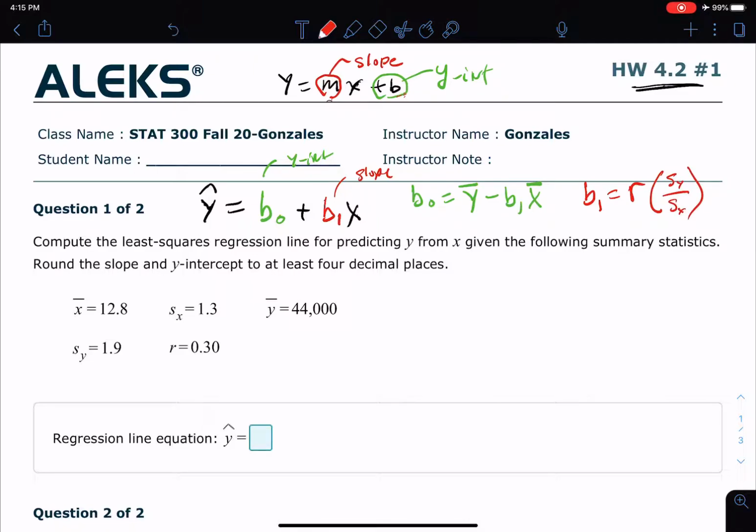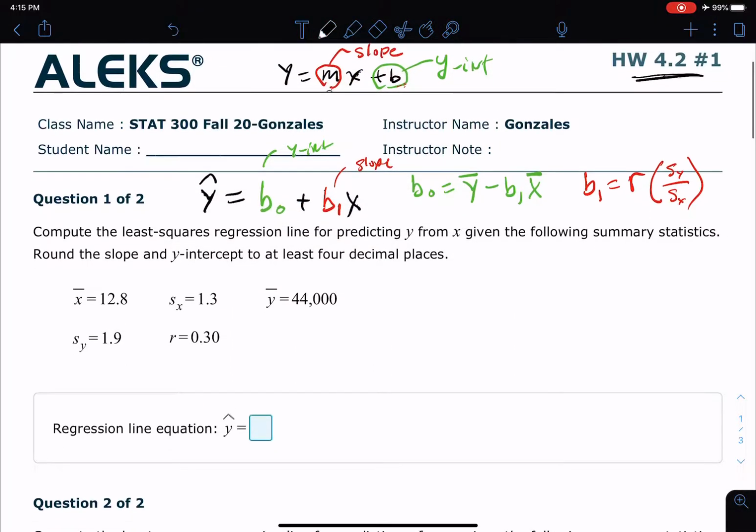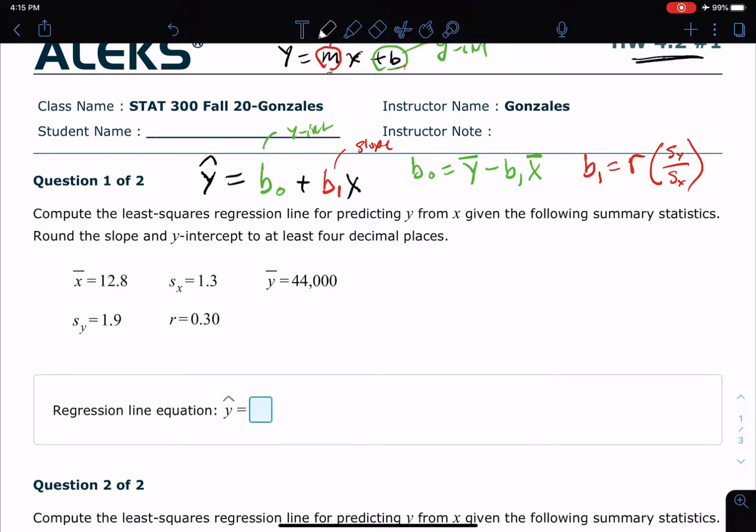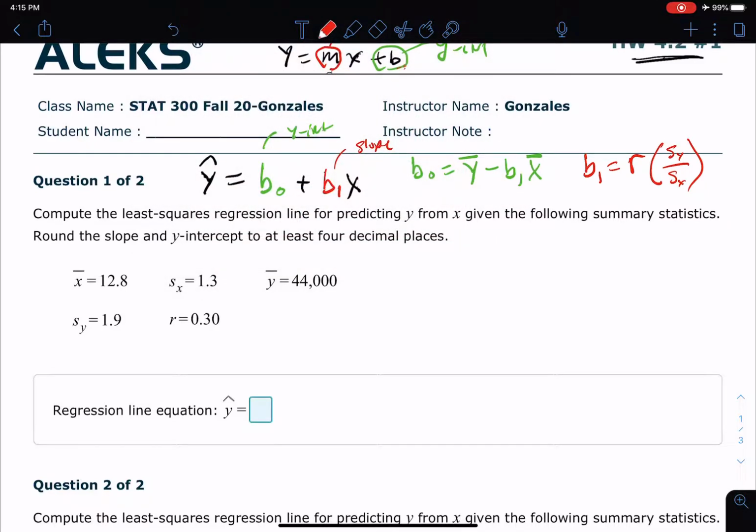With those basic formulas, you can come up with the y hat. So the very first thing we need to get is b sub 1. If you don't start there, you'll find out pretty quick, oh wait a minute, I need b sub 1 in that formula. So I better start with b sub 1 first.